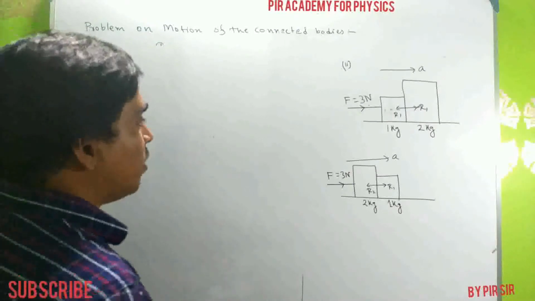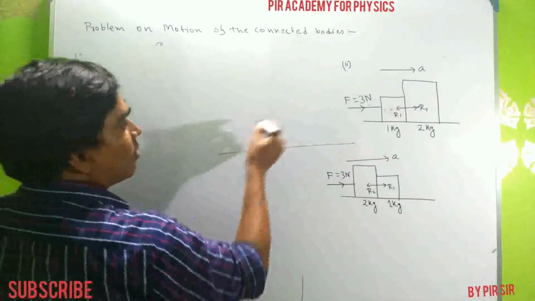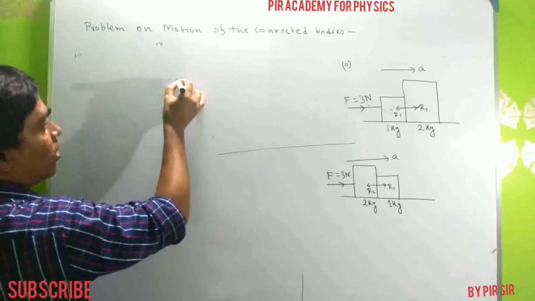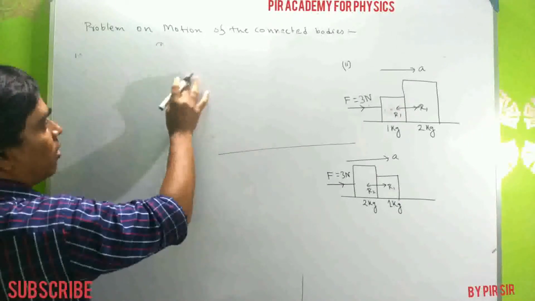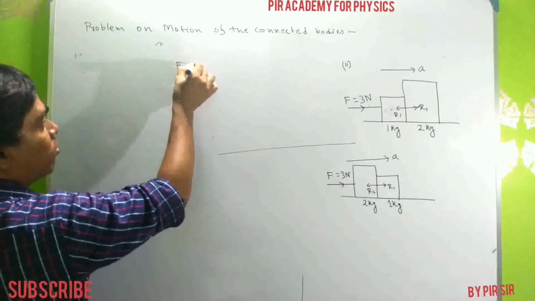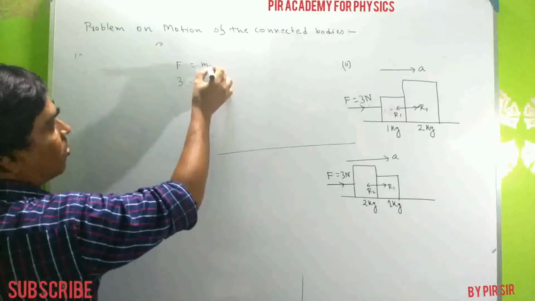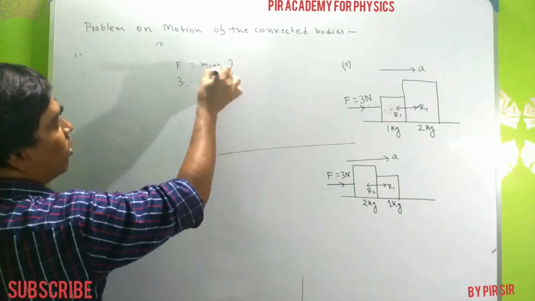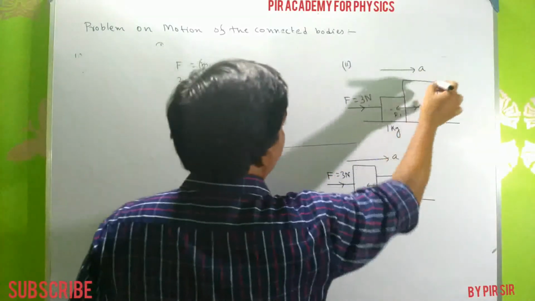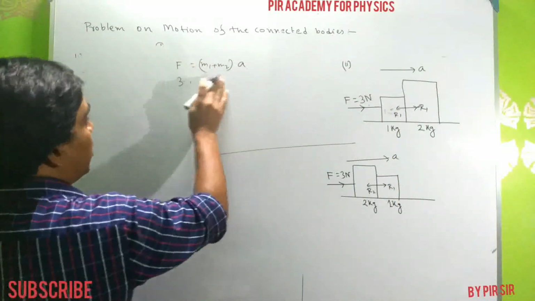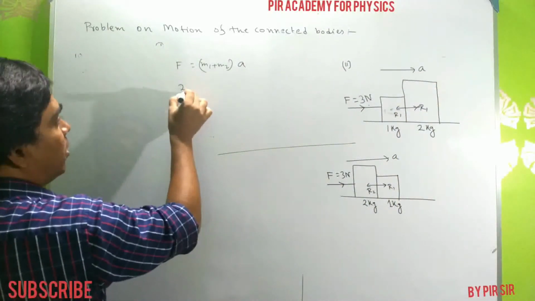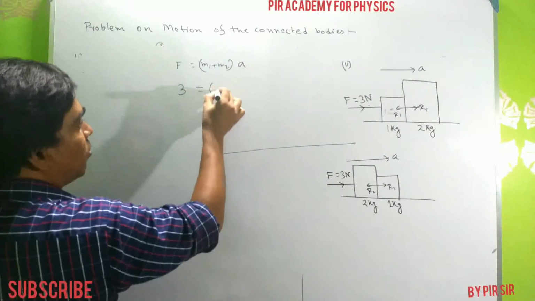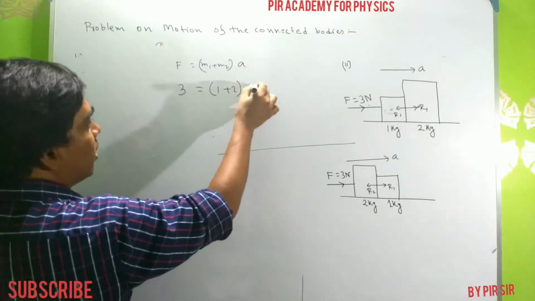For the first case, the total force is 3 newtons. The total force equals mass m1 plus m2 into acceleration. This acceleration will be A, that means the total force is 3 newtons and the total mass is 1 plus 2, into acceleration.